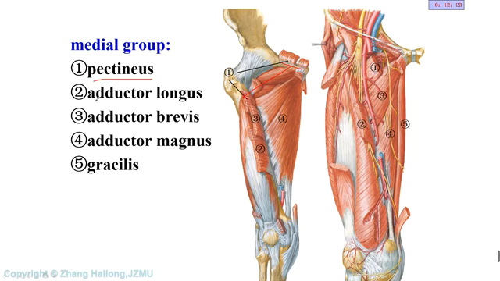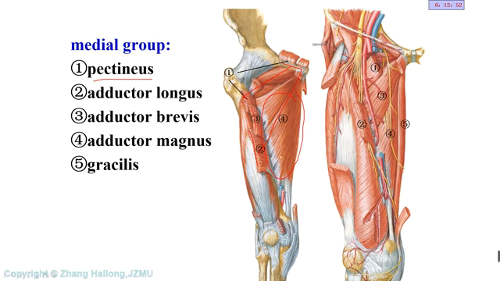Second one, adductor longus, from here to here. And the third one, adductor brevis. Fourth one, adductor magnus, the biggest one. This one.